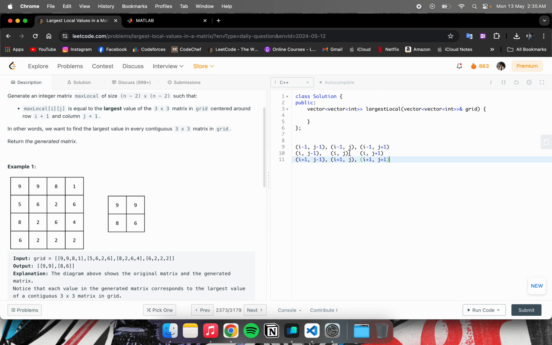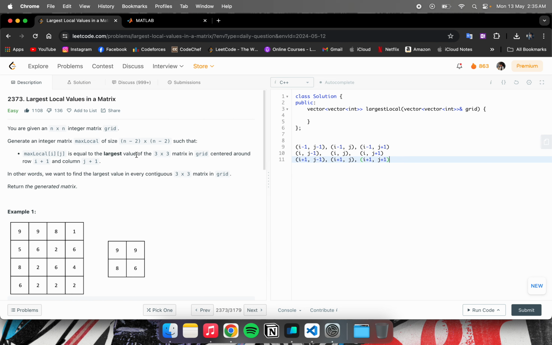So basically what we are going to do is iterate over all the elements in the grid we have been given, check if each can be the center of a 3 cross 3 matrix, and if it can be, then we will take the maximum of all these values and store it in our answer matrix, which is called max local.